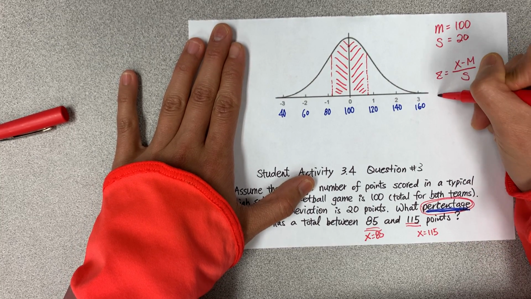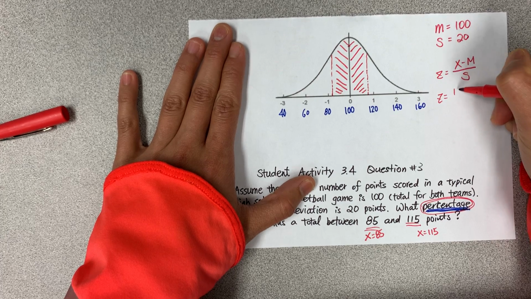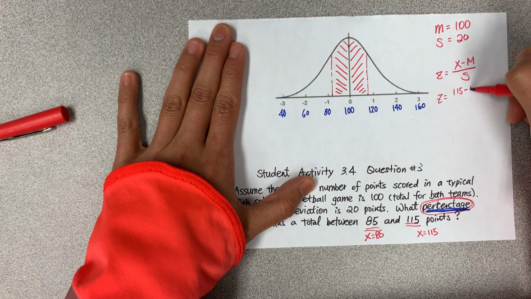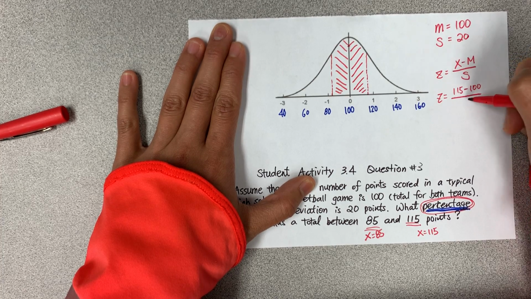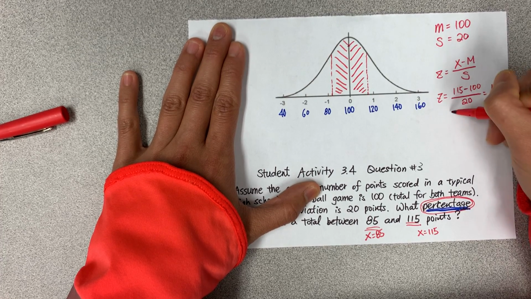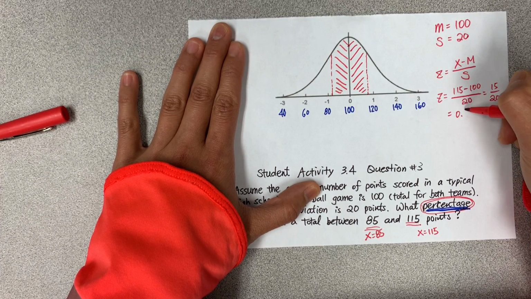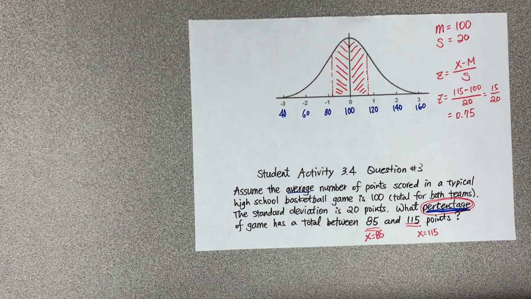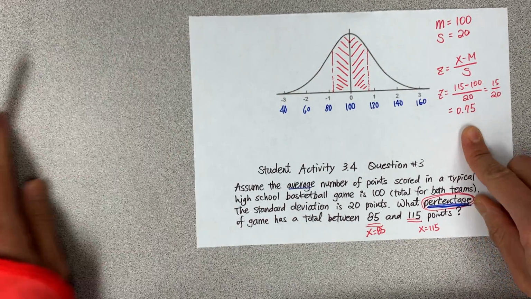So Z equals 115 minus, okay? So that's the mean, it's 100, over 20, okay? So this is 15 over 20, which is 0.75, okay? So now a Z-score of 0.75, let's see.